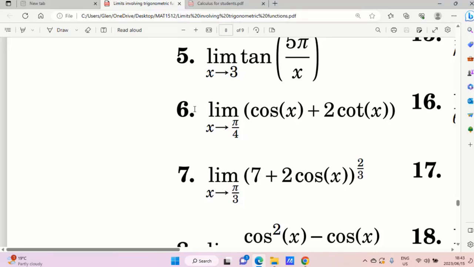Now you take that 2 to the power 3, you put it inside the brackets, then you raise everything to the power 2/3. Then what do you get? 4. That's what we're looking for. Oh, okay, sir. I think I confused myself.